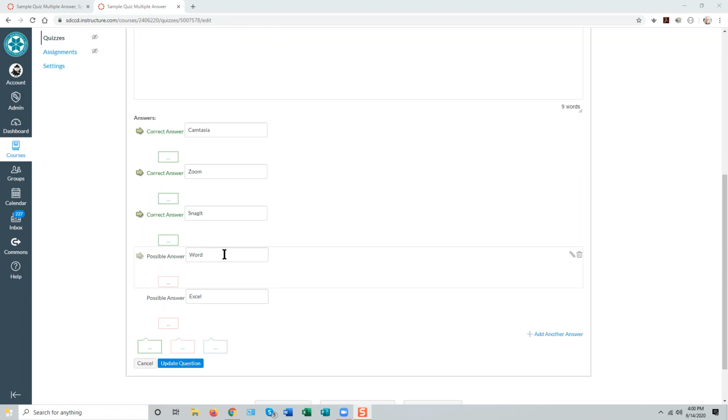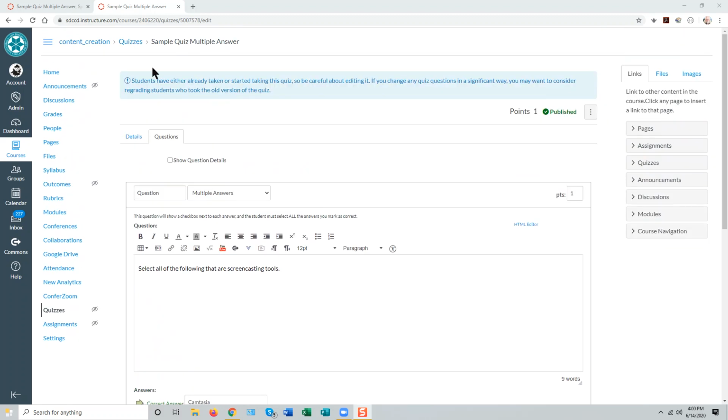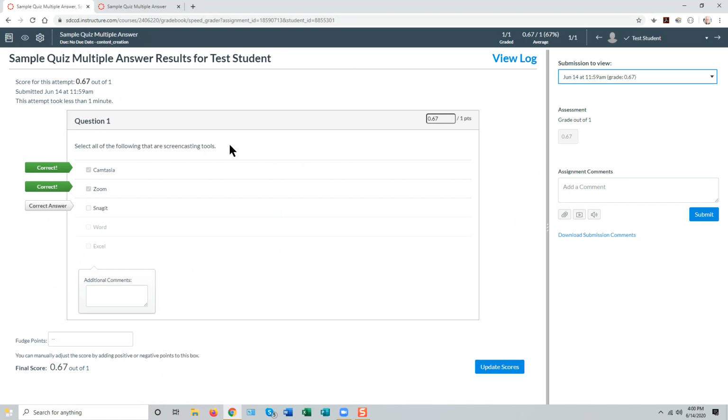If a student selects an incorrect answer, an amount equivalent to the value of each of the correct answers will be subtracted from the question value awarded to the student. For instance, let's go and look at a couple of quiz attempts where this question was answered. In this case, the student got 2 of the answers correct, but did not select the third.